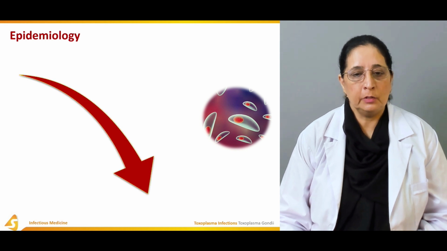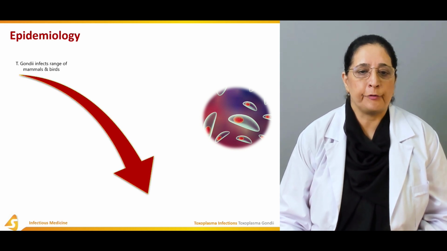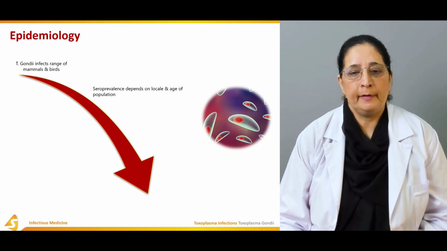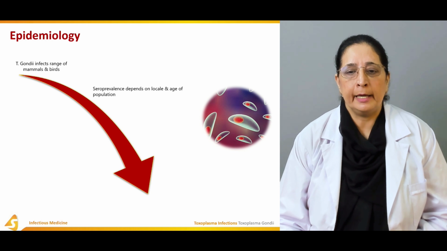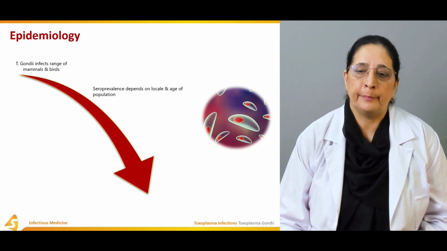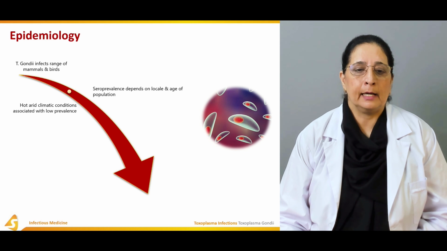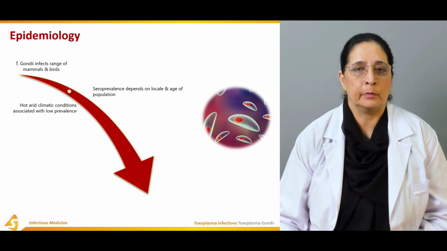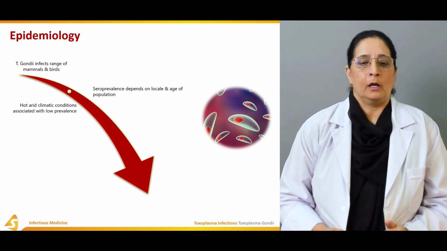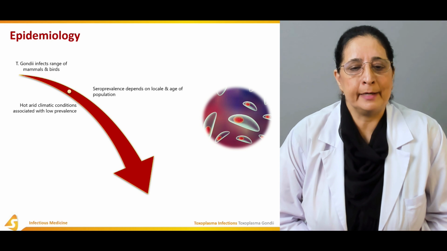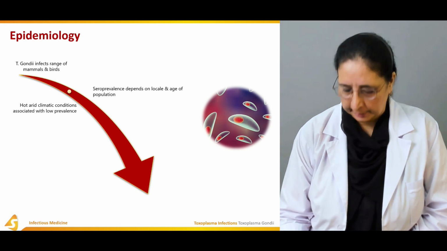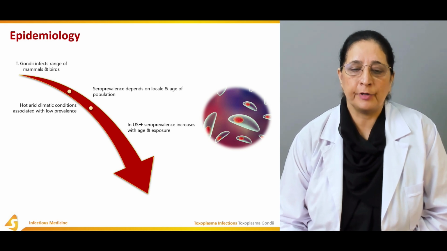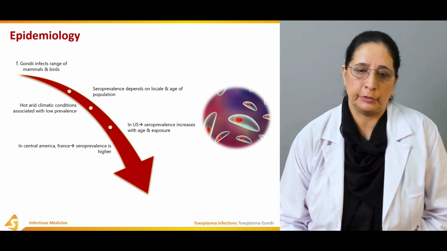The epidemiology: it infects a range of mammals and birds. Seroprevalence depends on the area and the age of the patient. Hot and arid climatic conditions are associated with low prevalence. In the US, seroprevalence increases with age and exposure.